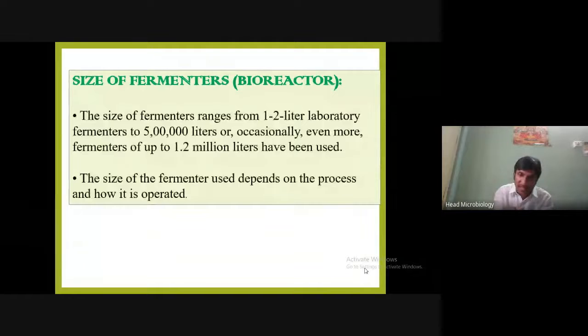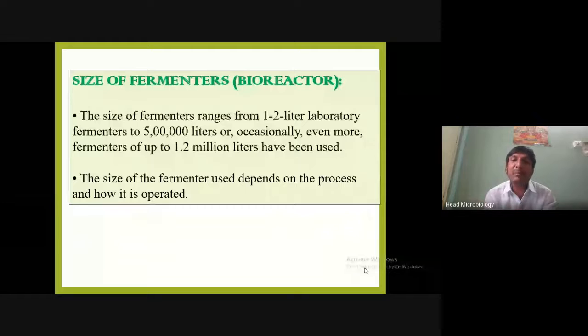Depending on our substrate, we select 10 liter fermenters, like plastic buckets. In our laboratory we select 15 to 20 liter plastic buckets. Those buckets are also called fermenters. It completely depends on our convenience, and we design accordingly.